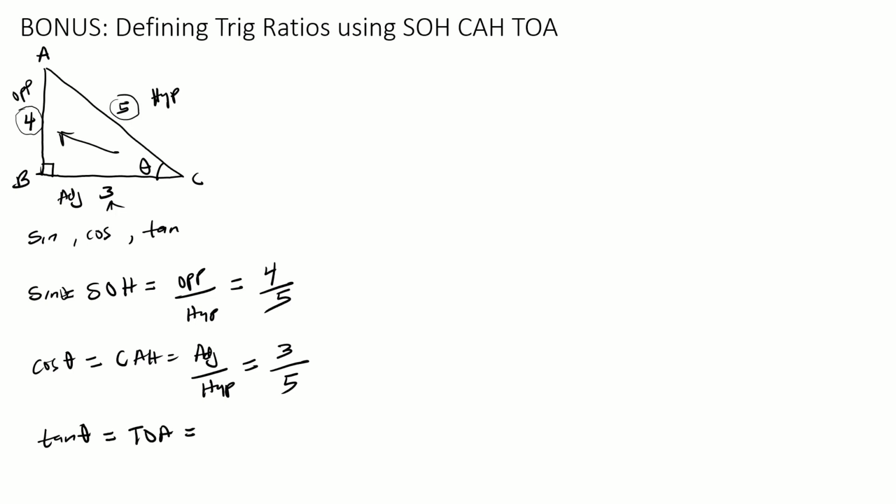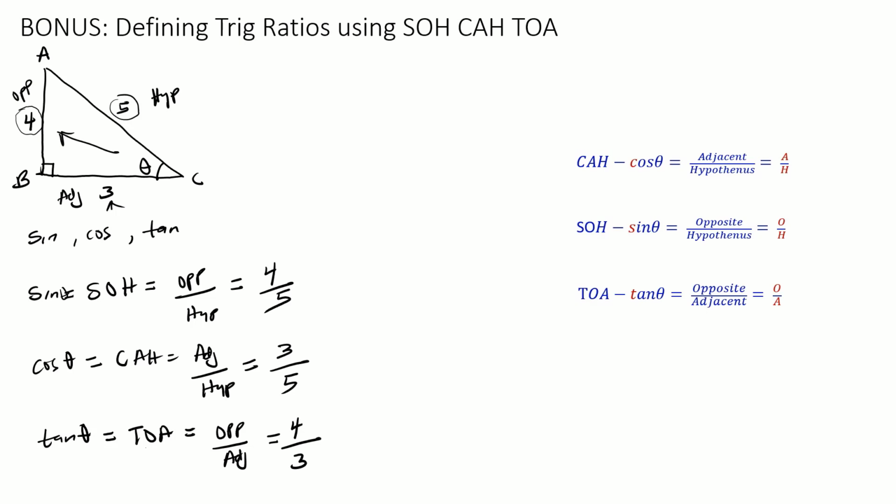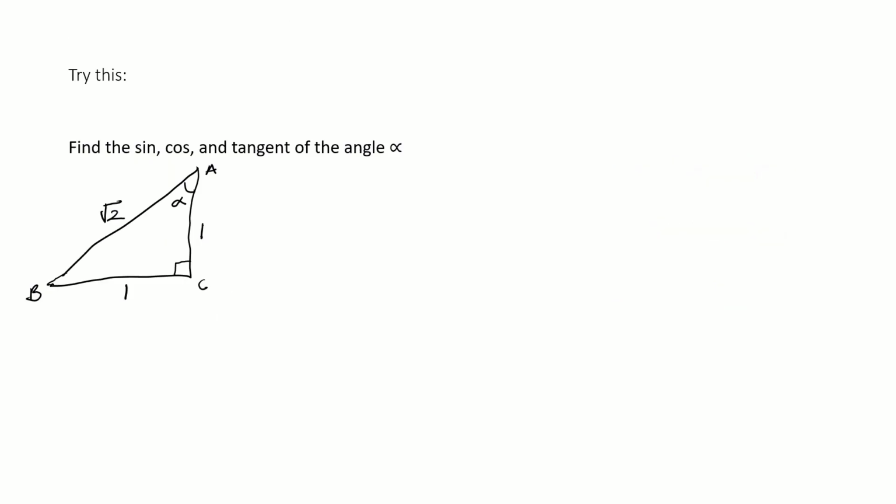O is opposite and A is adjacent. So tan theta equals opposite over adjacent, which is 4 over 3. So this is simply how you can use SOHCAHTOA to find the sine, the cosine, and the tangent, which are the basic trigonometric ratios of angles.